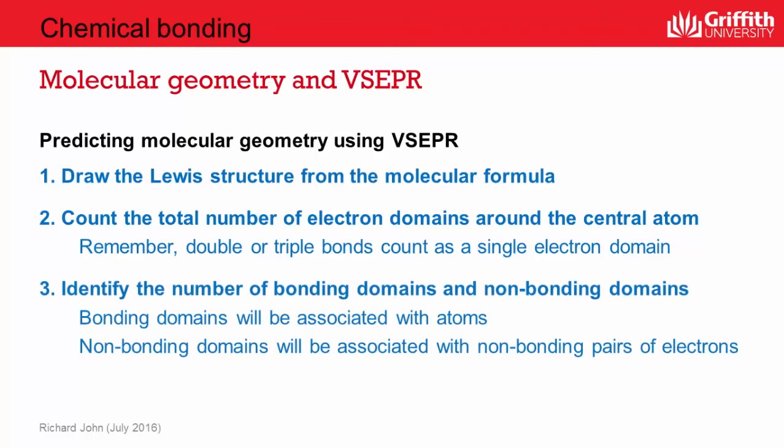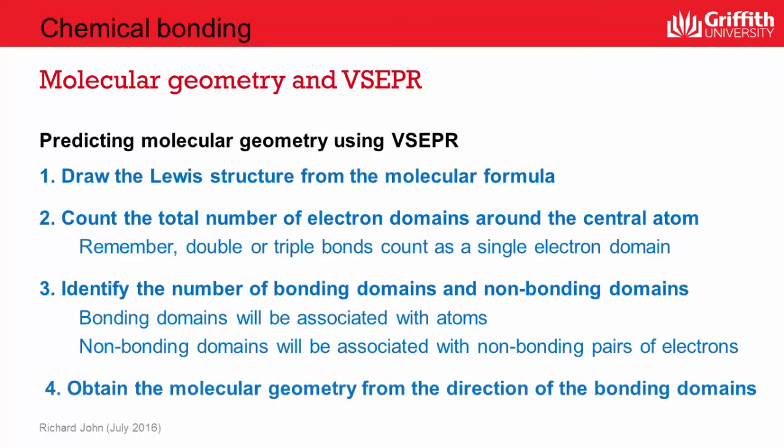We need to identify the number of bonding domains, and we need to identify the number of non-bonding domains. Bonding domains will be associated with atoms, and non-bonding domains will be associated with non-bonding pairs of electrons. We then obtain the molecular geometry from the direction of the bonding domains using the information provided in the tables just shown.